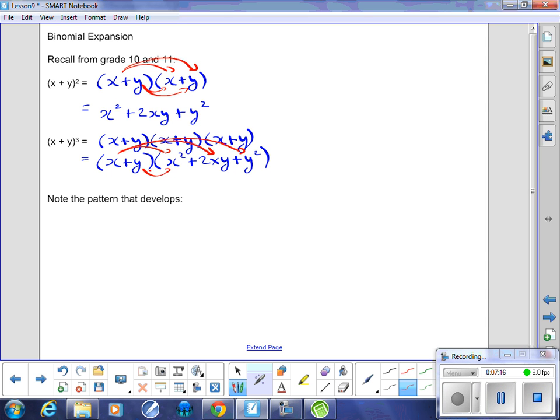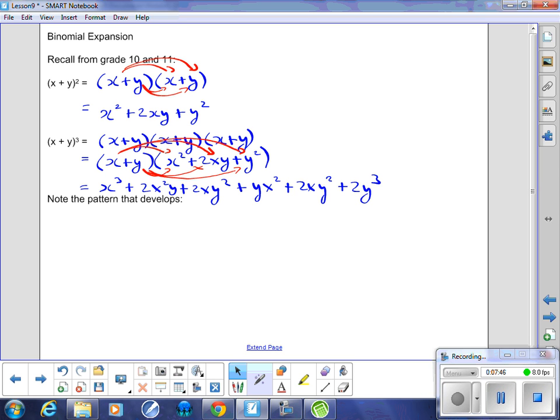And multiply that out. And if you do that expansion, you will end up with x cubed plus 2x squared y plus 2x y squared plus yx squared plus 2x y squared plus 2y cubed.